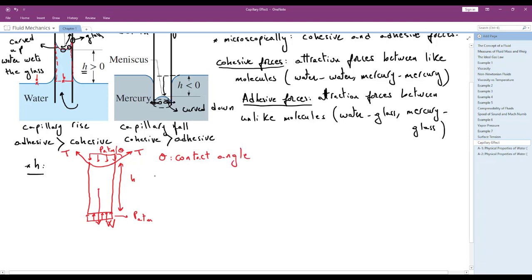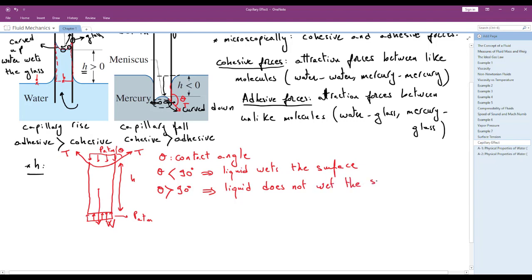So if the contact angle is less than 90 degrees, then we say the liquid wets the surface, as in the case of water. And if theta is greater than 90 degrees, as in this case, so here if you draw the surface tension, you can see that the angle theta is greater than 90 degrees, so the liquid does not wet the surface.